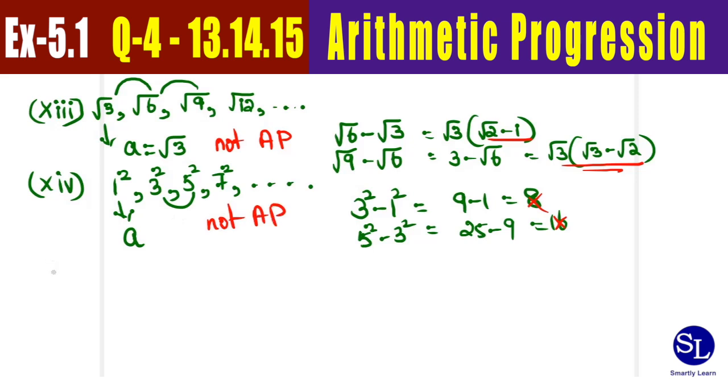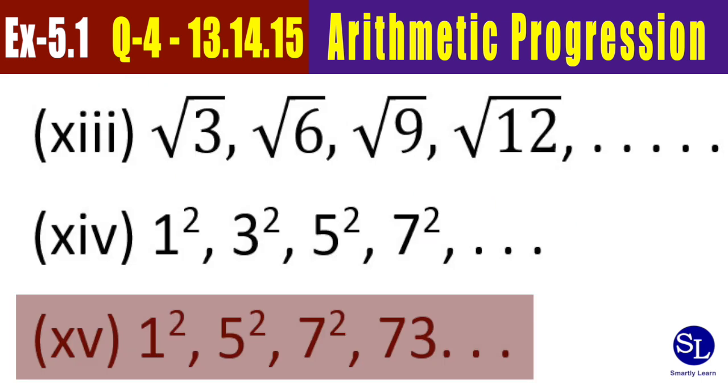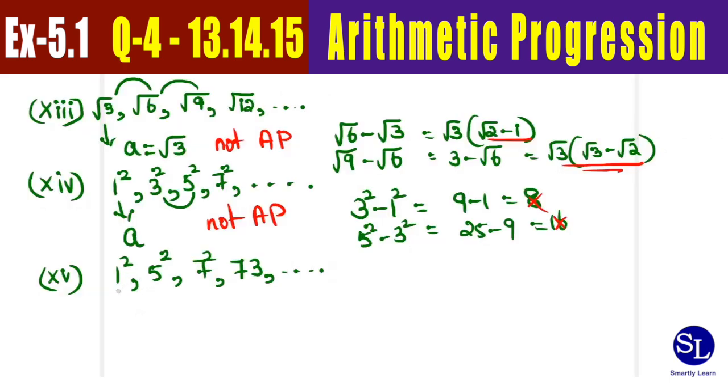Now let us look at the last series in this question. So it is 1 squared, 5 squared, 7 squared and 73 and so on. So now let us note the first term as A, which is 1 squared. So A is equal to 1. Now let's see if the common difference exists. So from the second term, I'm going to subtract the first term. So 5 squared minus 1 squared, which is 25 minus 1, which is 24.